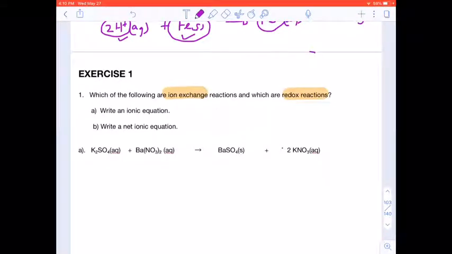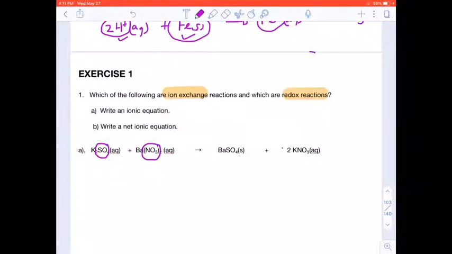Here, firstly, you've got K2SO4 plus Ba(NO3)2 which gives us barium sulfate and KNO3, right? So let's look at it. For instance, the partner of K plus is SO4, and here that partner is Ba(NO3)2. So what has happened?